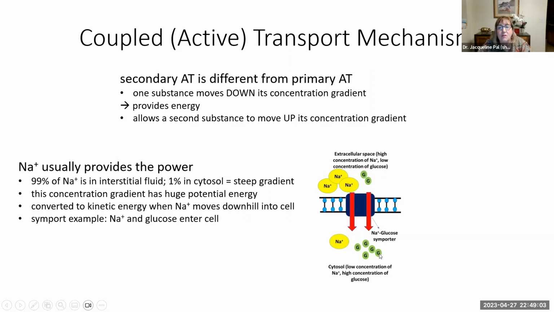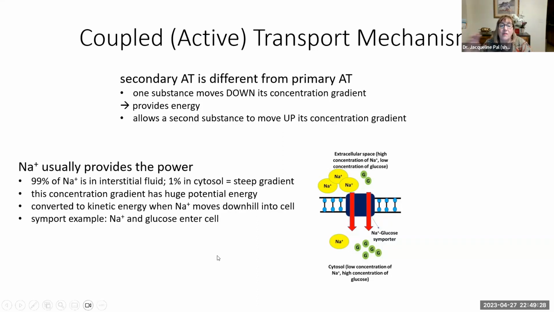And now we're going to move it up the concentration gradient where there's already a lot of it. So this is an example of a symport, where the sodium is going down the concentration gradient and the glucose is going up the concentration gradient. So this is secondary active transport, or co-transport, or coupled transport.